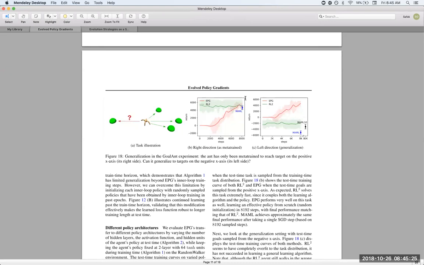This is actually RL squared, which is another meta-learning method. So the EPG method learns how to generalize to new tasks, which is moving to the target that's behind the ant. And the returns of the EPG, which is the red line, basically reach RL squared, the previous state-of-the-art meta-learning method.